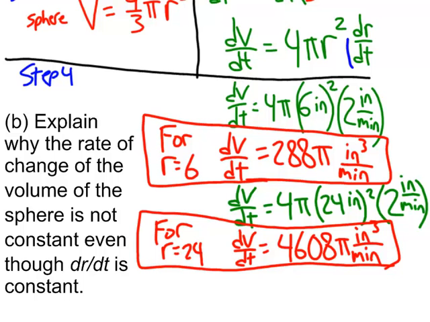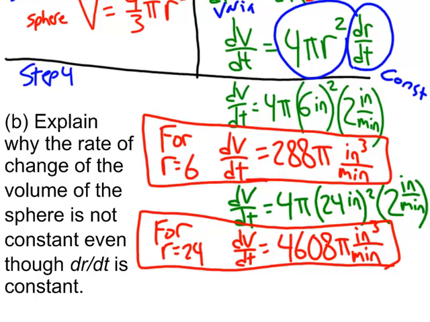If dr over dt is constant, notice that we are multiplying it by a variable, 4 pi r squared. R is varying throughout this process. So we see that if I multiply a constant times a variable, dv over dt is going to be a variable.